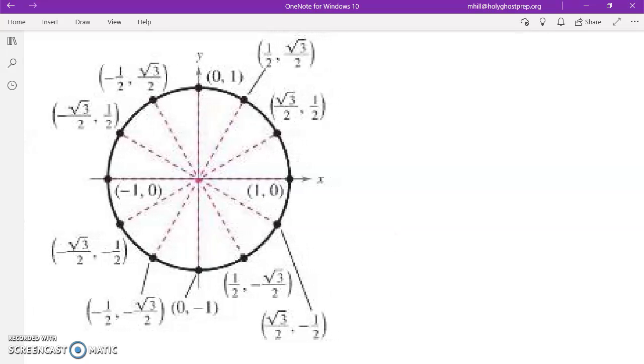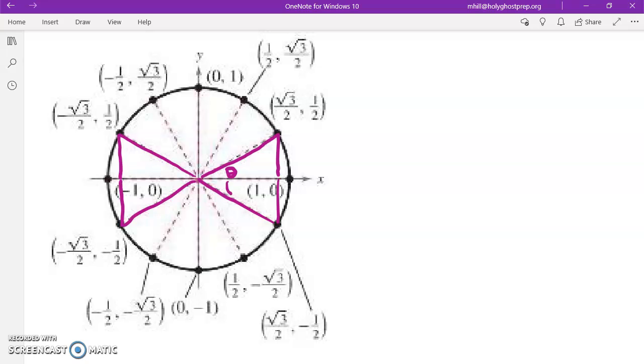So our pi over 6, our 30-degree angle was this one, where theta was 30 degrees. But also, if we remember, our x and y values for our 60-degree one were just flopped. I'm just going to focus on the 4 middle ones. So all of these ones here, these 4 are all the same, just a reflection of root 3 over 2 and 1/2.